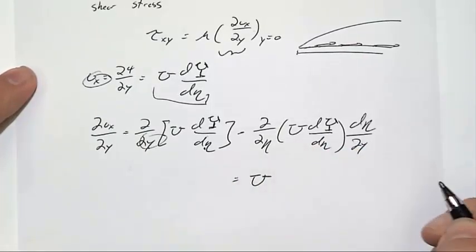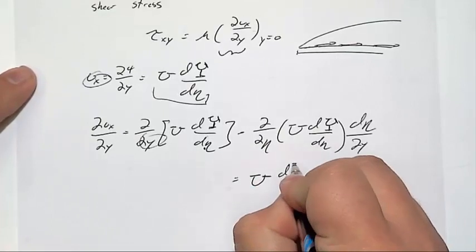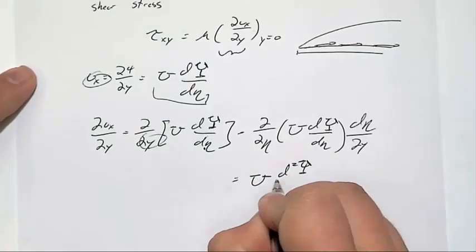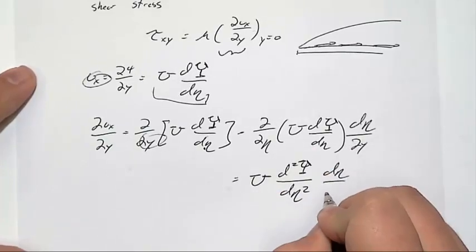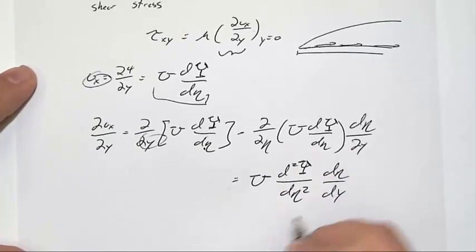And so when I go ahead and do that, essentially U could get factored out because it's a constant. It's now the second derivative of my modified stream function with respect to nu. And then I have this relationship d nu dy, and I've already established that relationship previously.